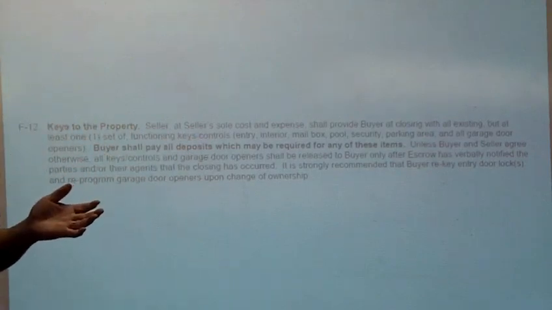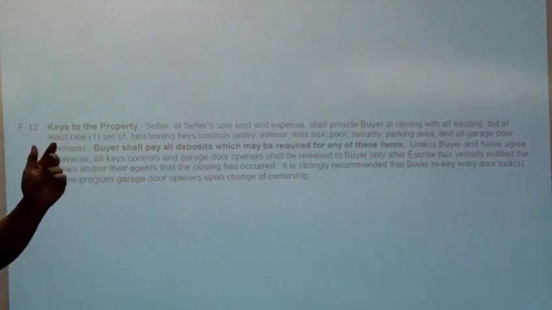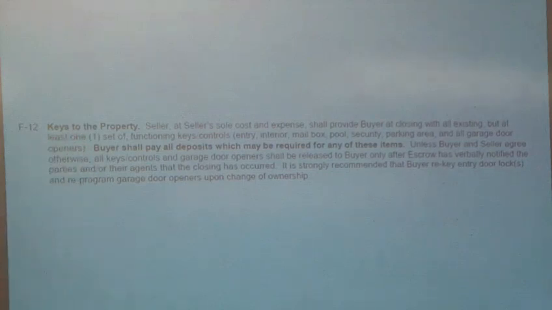So really, for my buyers, I tell them, don't worry if you only get 1 key, you're going to rekey it anyway. Generally, the seller will give all keys that they have. This paragraph is just saying they have to give at least 1 complete set. If they have more, they'll hand over whatever they have, because they have no use for it after they close, right?